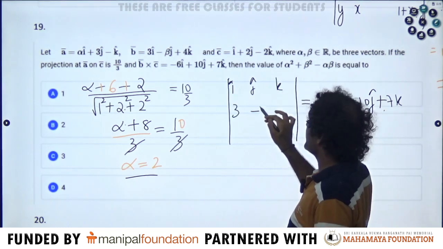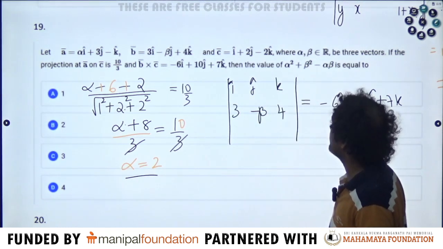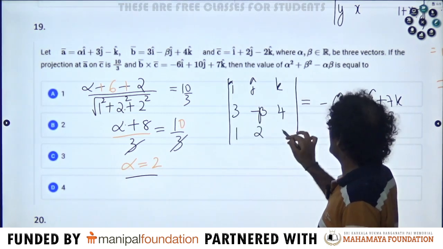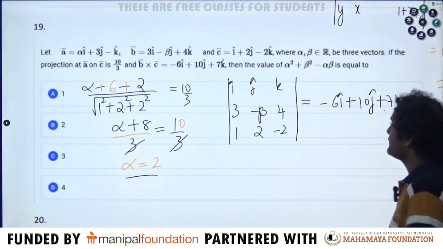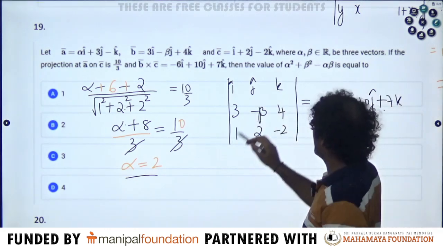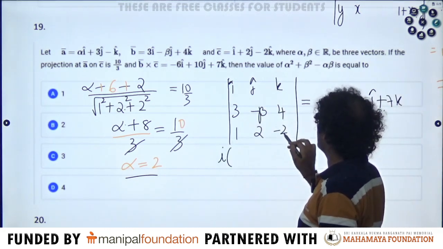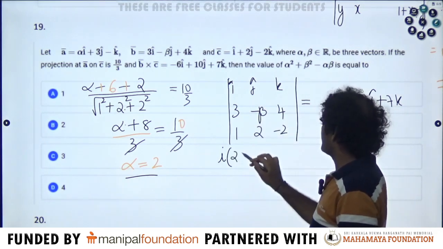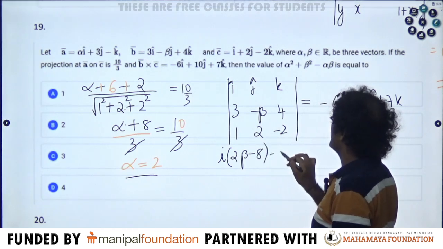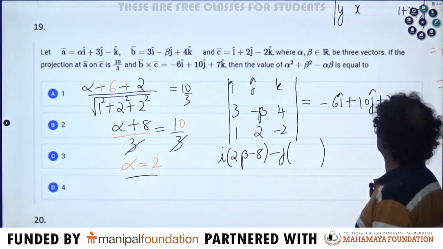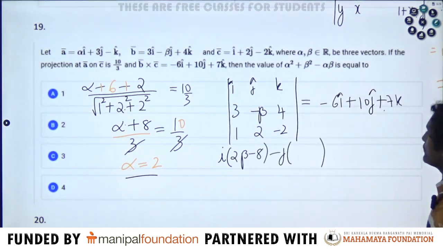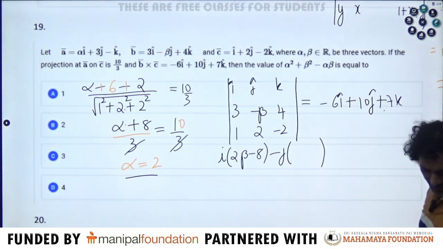Here 3 minus beta 4, do it carefully, we get 1, 2 and minus 2. Can we easily do the multiplication? i into 2 beta minus 8, minus j into... So we need not do the rest, just one is enough, no?